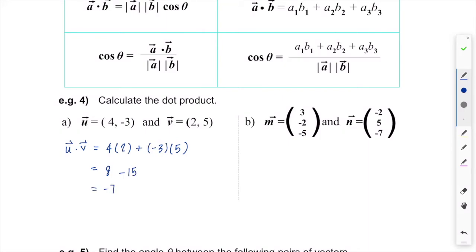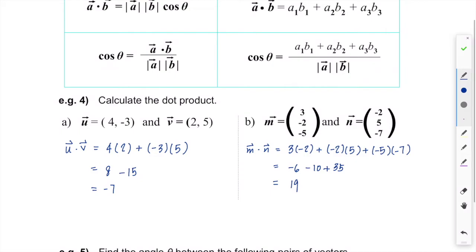Next, we have vectors m and n in 3 space. Following the same idea, m dot n would be 3 times negative 2 plus negative 2 times 5 plus negative 5 times negative 7. We have negative 6 minus 10 plus 35. So 25 minus 6, 19.